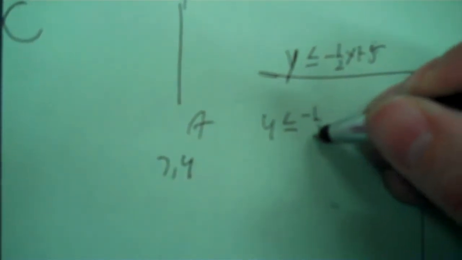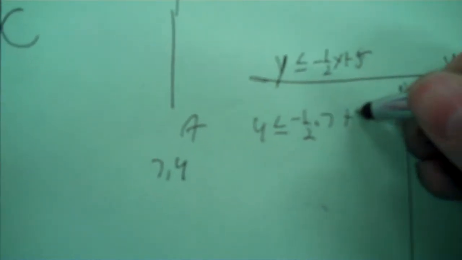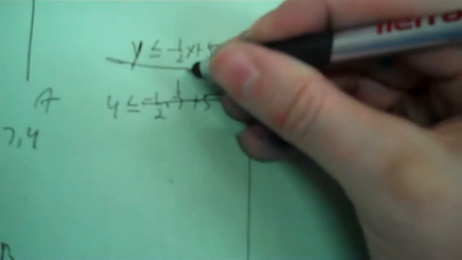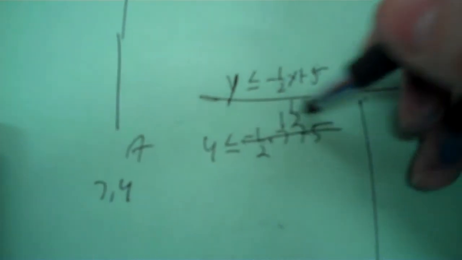Put the 4 where the Y's at. Negative 1/2 times 7 plus 5. Put the 4 where the Y's at. 3 times 7 minus 3. Okay, 1.5. Right away, you know that's false, so you don't even care about the other one. You know A is not it, okay?